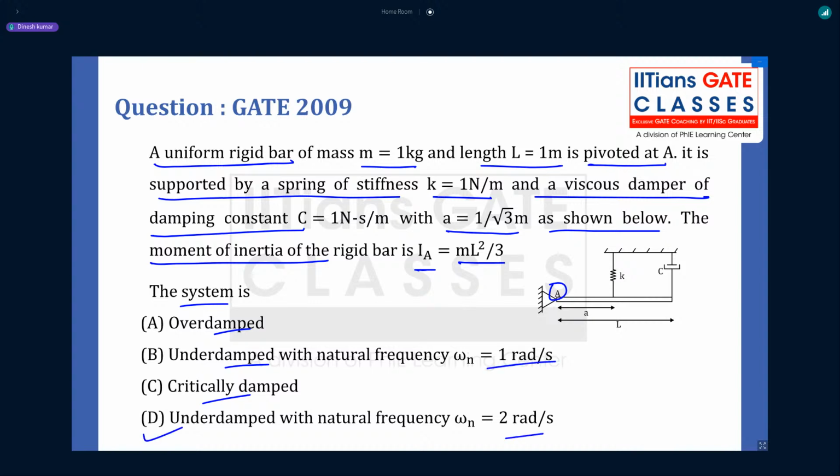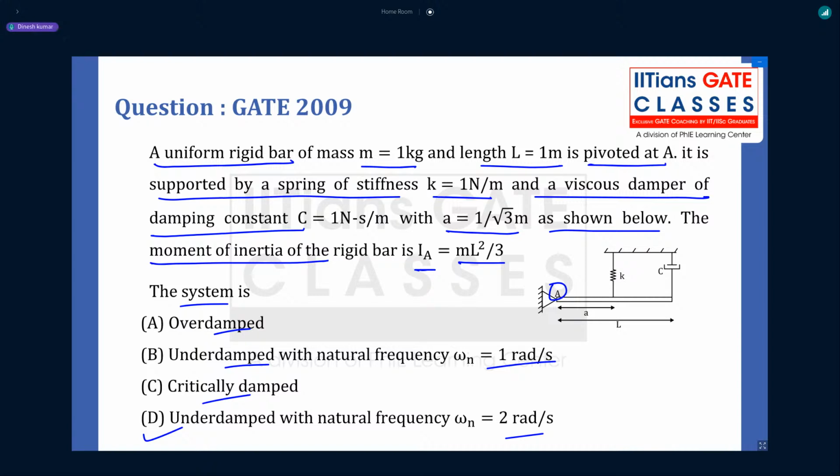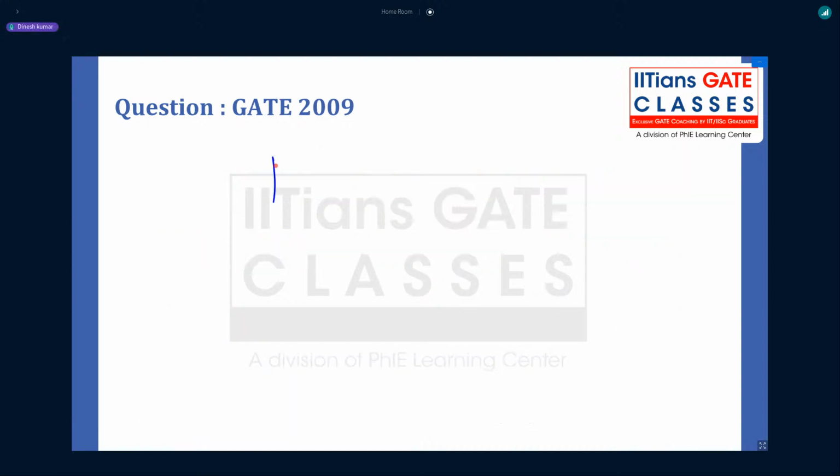So how to solve this question, guys? The first thing, I will draw this system again. Okay, so it is like this. There is a spring connected here and a damper connected here.